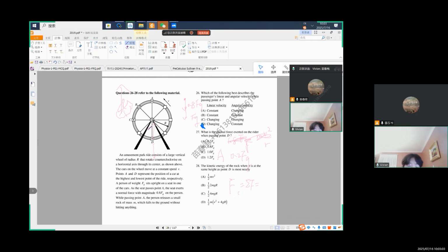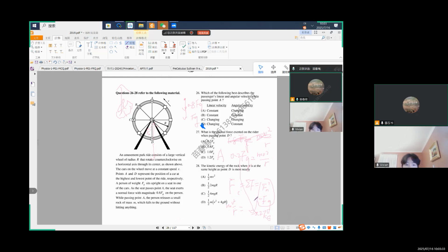So Fn prime minus Fg, because this is mv squared over r. This is also mv squared over r, right? Because it's the same velocity. So this one minus this one is that 0.2 Fg anyway, right?